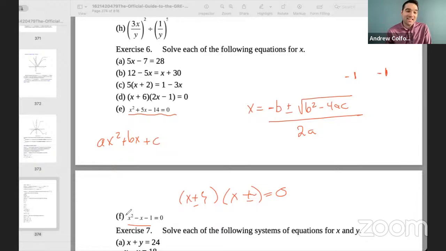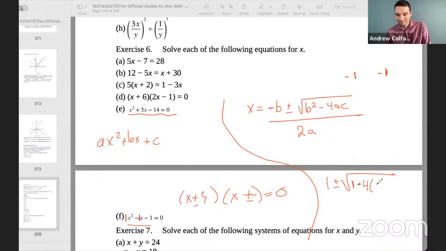So in this case, the a is 1, the b is -1, and the c is -1. So let's get to it. Negative b is -1, so 1, plus or minus the square root of b squared, -1 squared, so 1, minus 4 times 1 times -1, I'm just applying the formula here, all over 2 times 1.